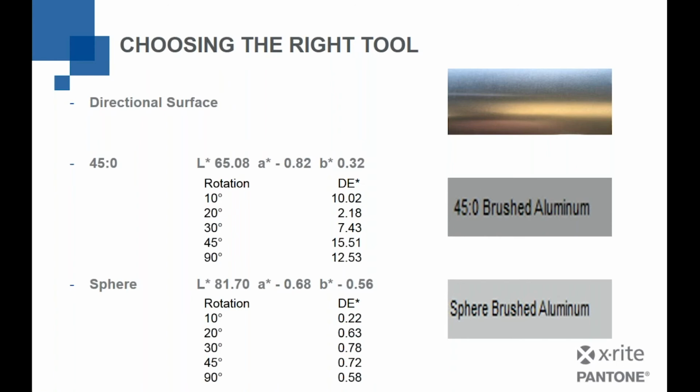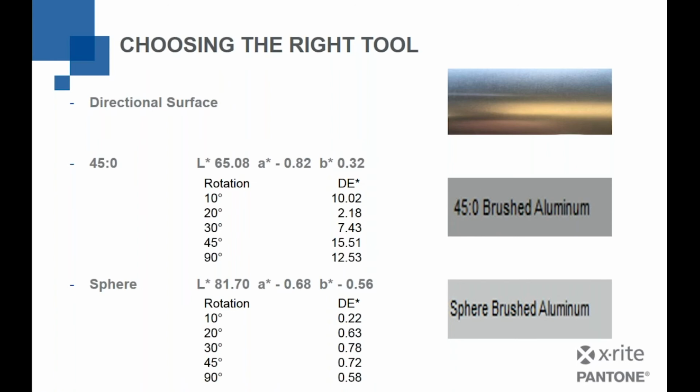By the way, I did a lot more measurements, and as I slowly rotate, eventually you find one where it tends to agree pretty well with the standard. You'll get some that are as much as 20 delta E away. So why is that? Well, it's the fact that I'm measuring a directional surface with a directional light source.